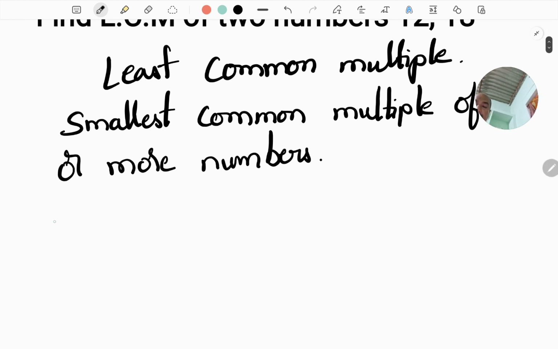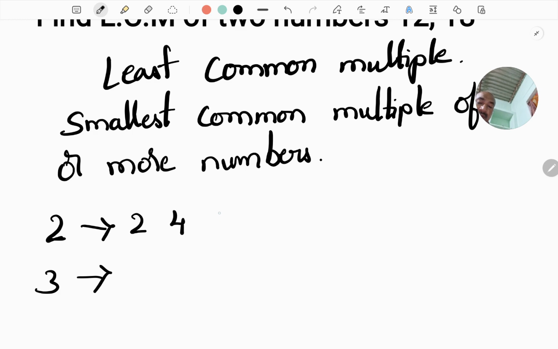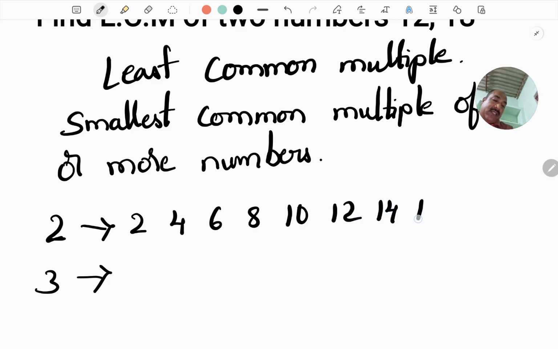That means simply we can say, if you take two table, three table, first I will explain the smallest common multiple here. If you take 2 and 3, first we have to write the multiples. 2 1s are 2, 2 2s are 4, 2 3s are 6, 2 4s are 8, 2 5s are 10, 2 6s are 12, 14, 16, 18, 20.